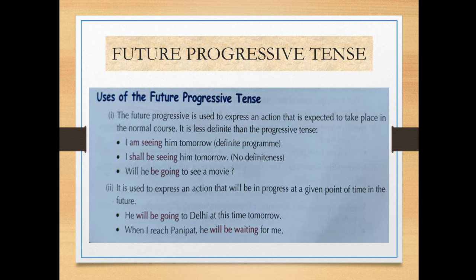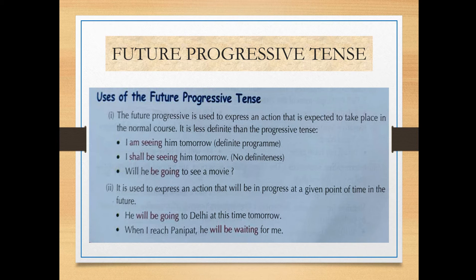The formation is shall or will plus be plus the present participle form of the verb, that is the V1 form of the verb, right? Shall or will plus be plus V1 form of the verb, the present participle form.